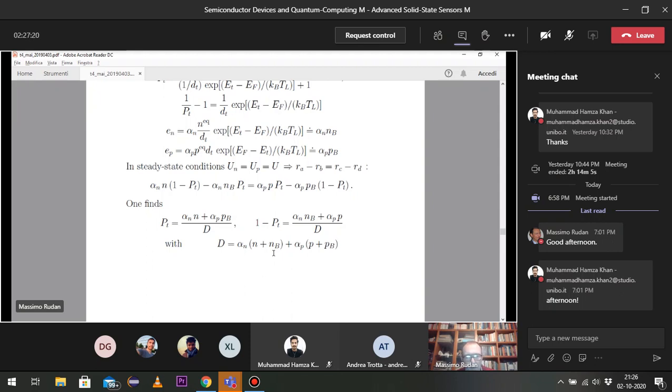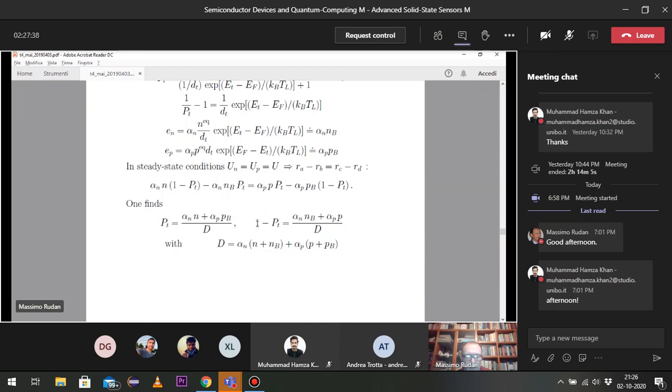Okay, so we can express pt without introducing additional unknowns into the model. And remember, we are using both pt and 1 minus pt. So this is the expression of 1 minus pt, okay?